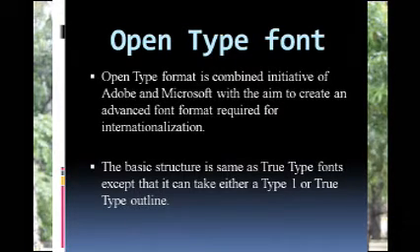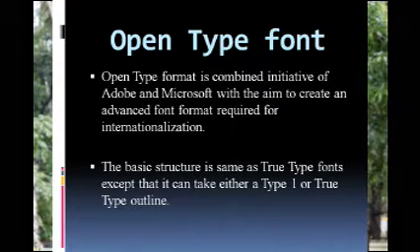So it is the combination of Adobe and Microsoft. Its aim is to create an advanced font format required for internationalization. That is the aim. Okay. Once again I repeat, it is the combination of Adobe and Microsoft. What is its aim? Aim is to create an advanced format required for internationalization.